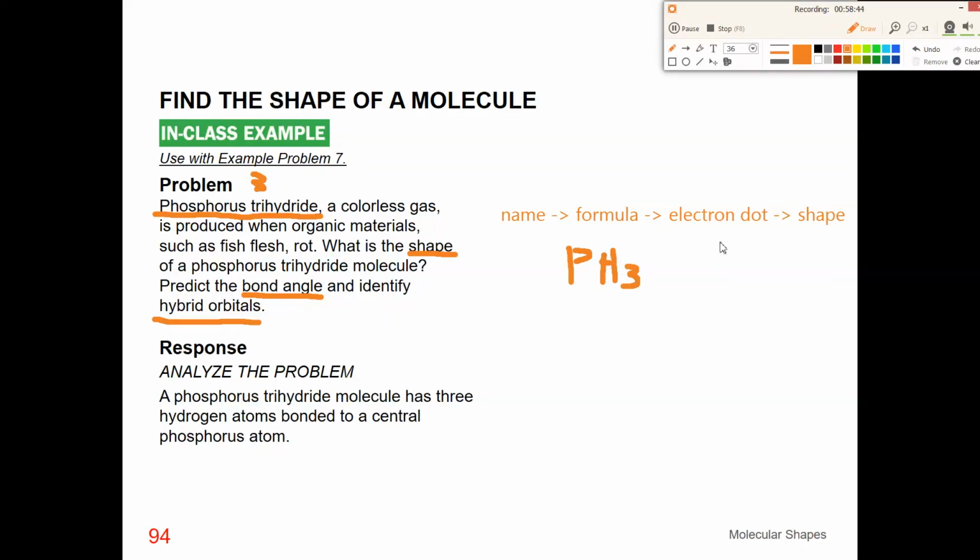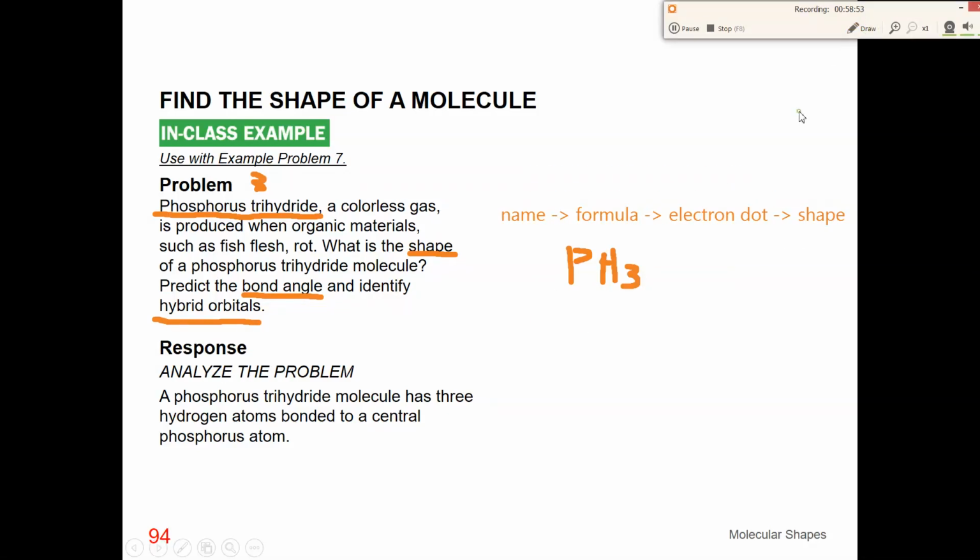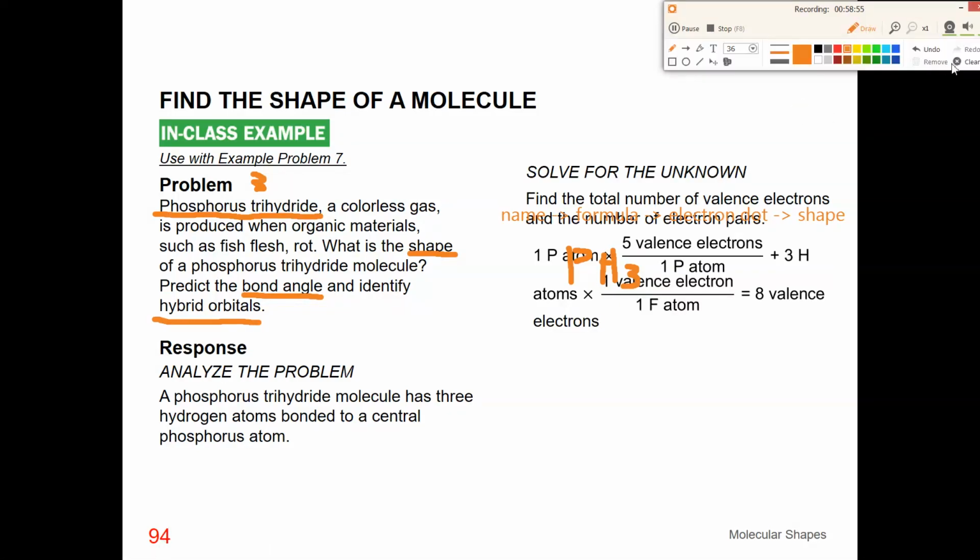Then we figure out the electron dot diagram. From electron dot diagram, figure out the shape. Right. So first thing, figure out the total number of valence electrons. Phosphorus has 5 valence electrons, hydrogen has 1 valence electron each, total 8 valence electrons.